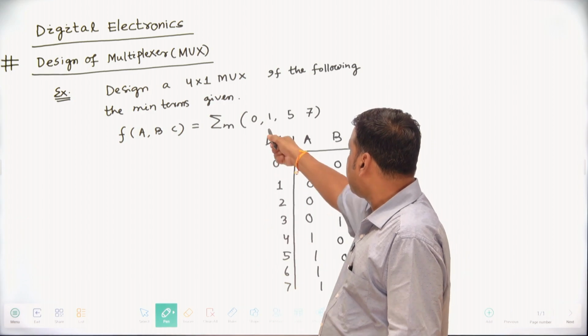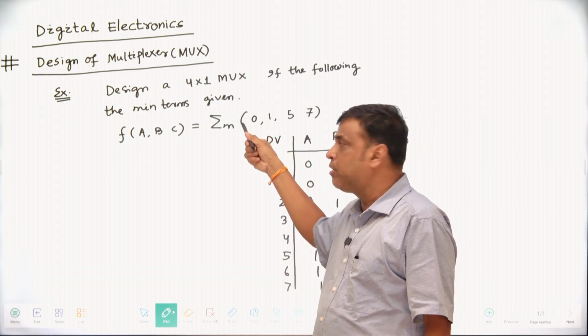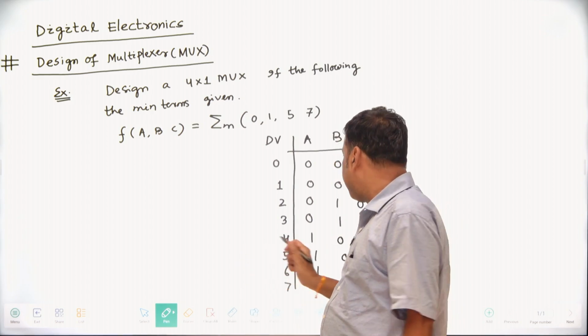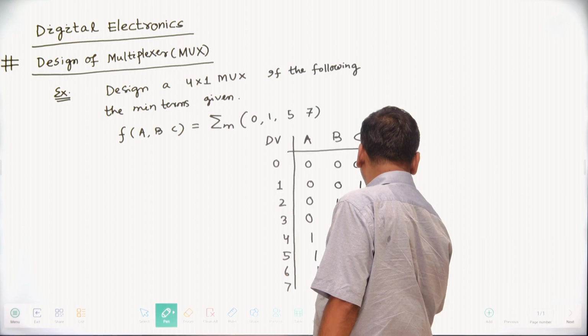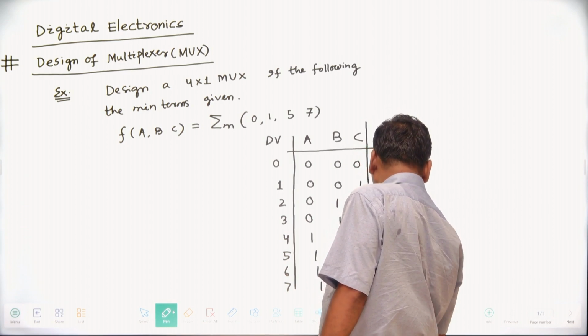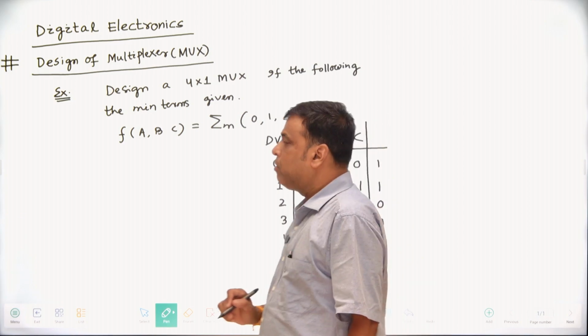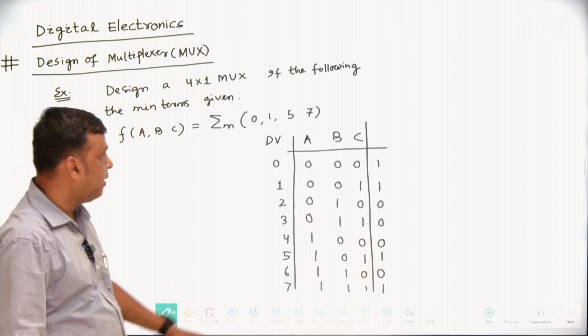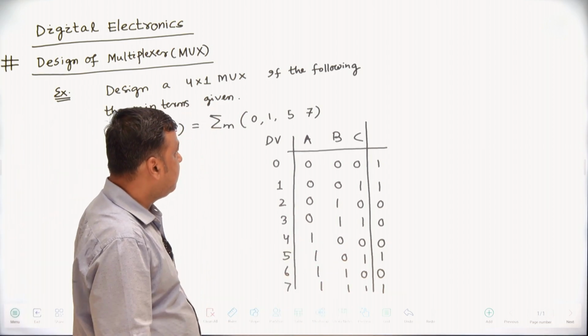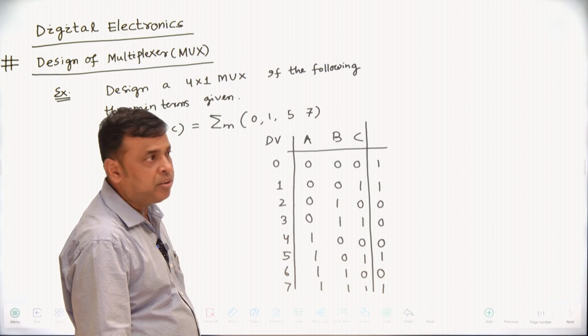If the minterm is present, you have to be sure that in that position the binary 1 is present, and in other places it will be 0. So you know that in positions 0, 1, 5, 7 the minterms are present. This is the first step, prepare a truth table.